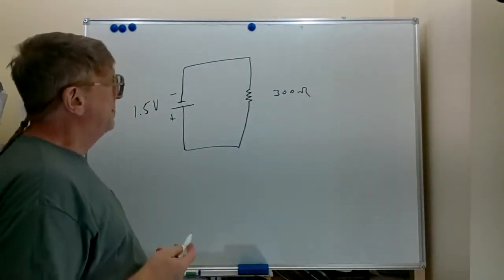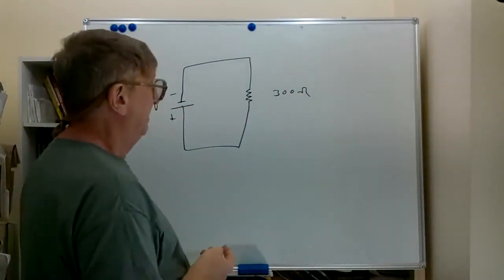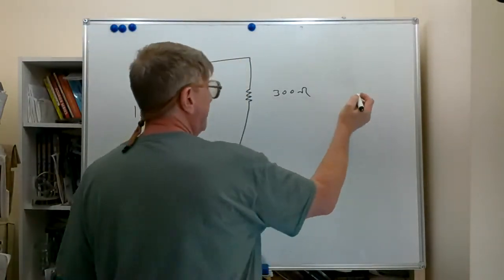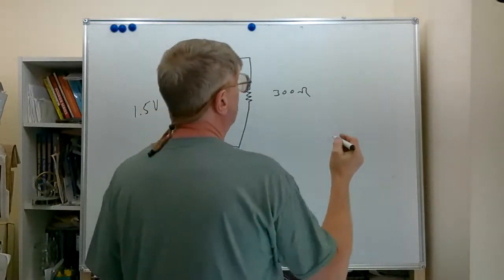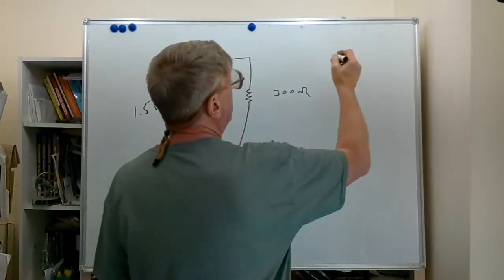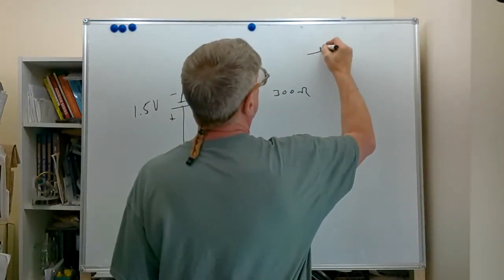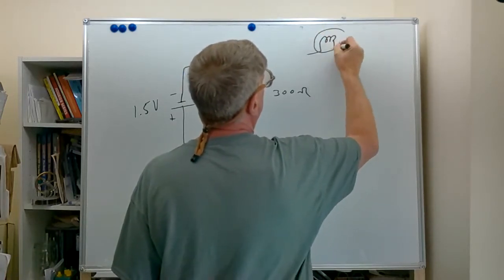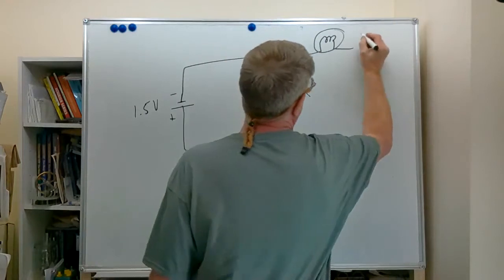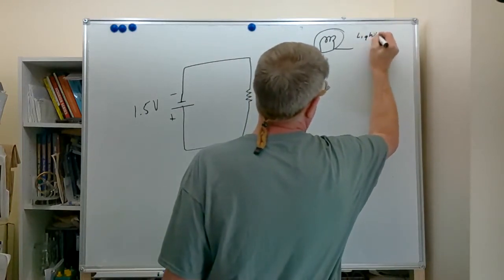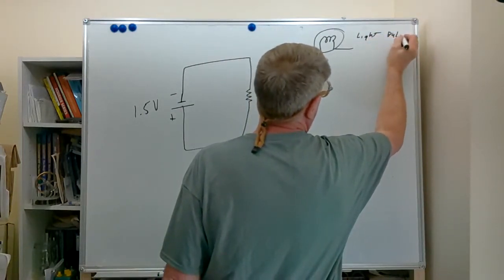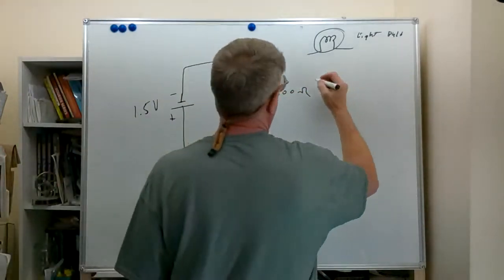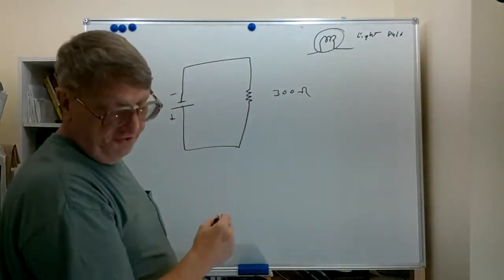Now, this 300 ohms could represent the filament resistance of a small light bulb. We would typically draw a light bulb something like this with a little coil and a circle around it. We're just going to represent the resistance of the light bulb here with just the symbol of the resistor.